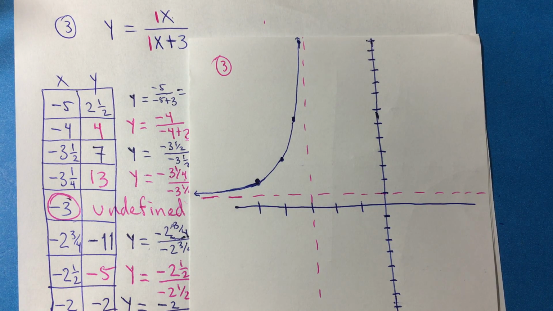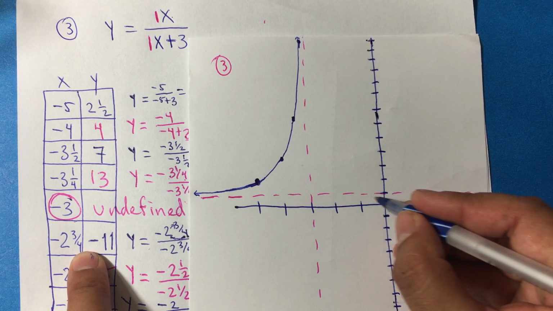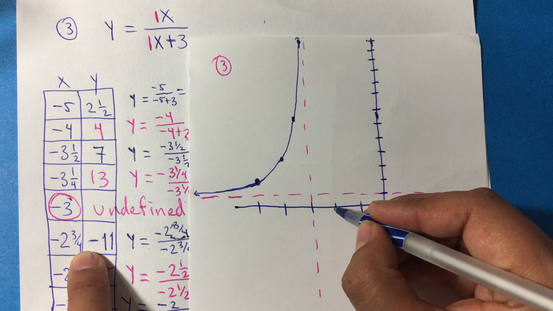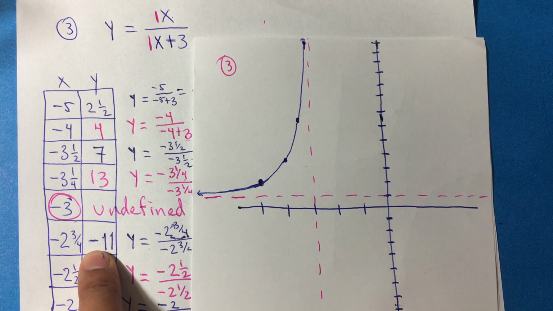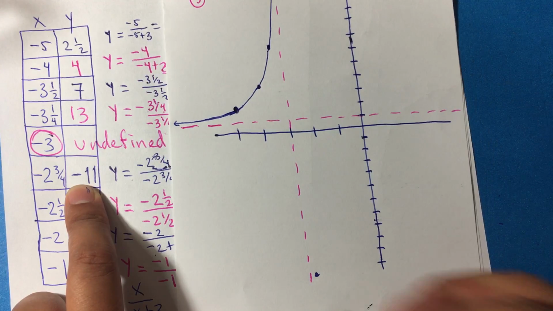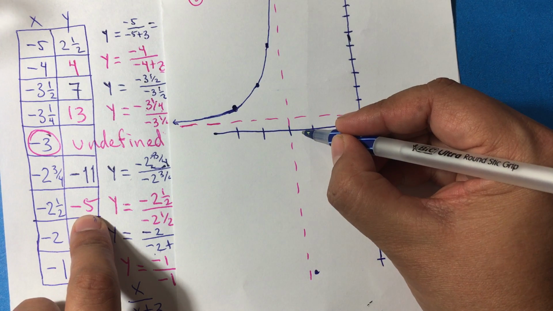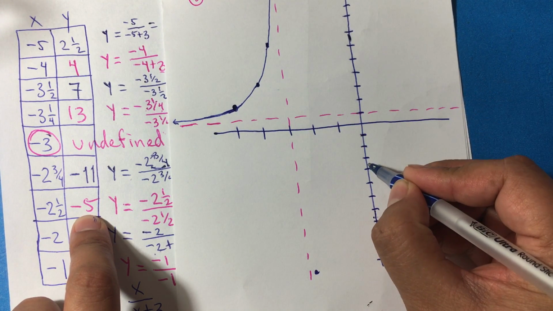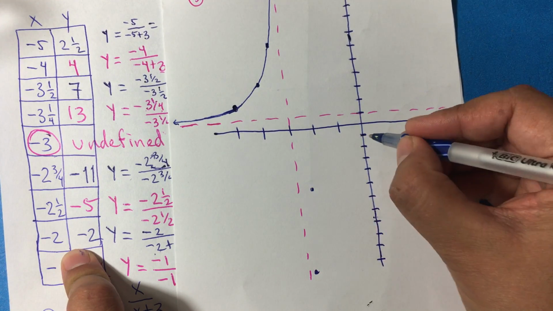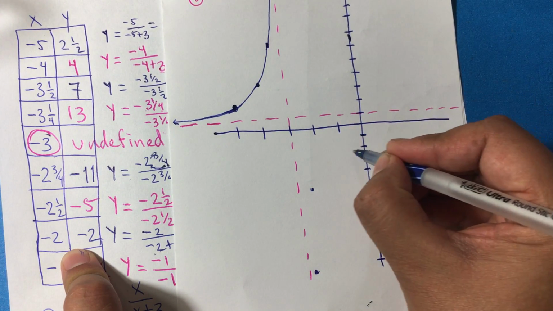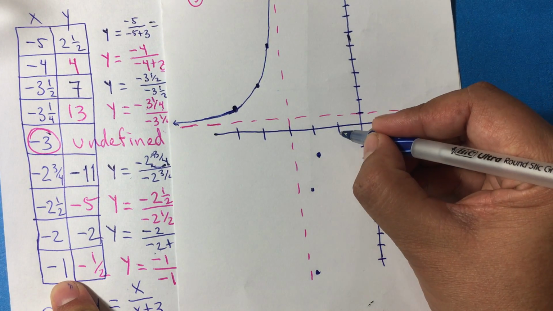Now for the other ones, let's start looking for the points. Negative 2 and 3/4, negative 2 and 3/4 is right there, so it's negative 11. Around there, it's right there. Negative 2.5, it's negative 5, so around there. Negative 2, negative 2, negative 1, negative 1/2.